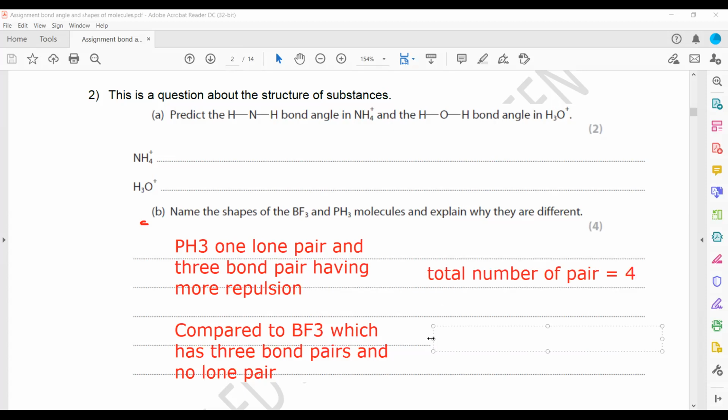Whereas in BF3, the total number of pairs is equal to 3. So as the total number of pairs changes, that's why the shape of the molecule also changes.